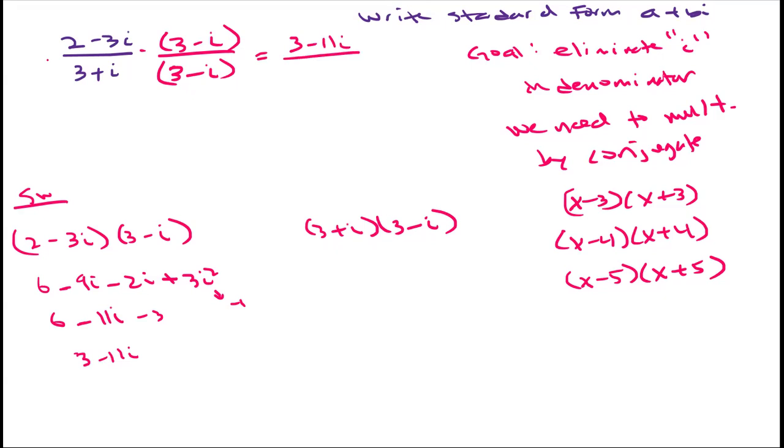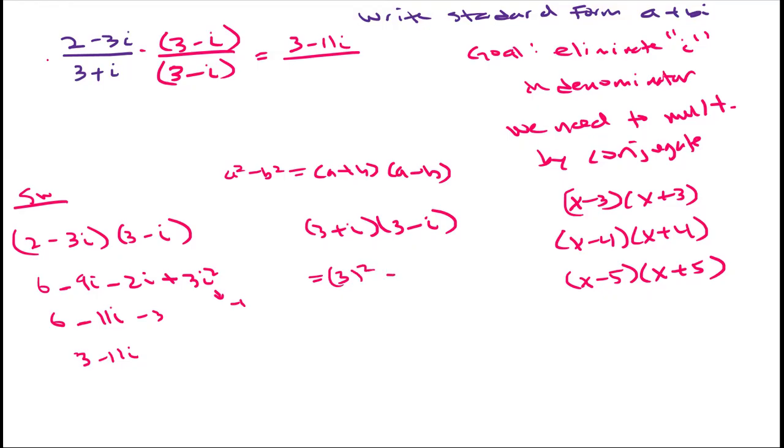Now we need to work on the bottom. So 3 plus i times 3 minus i. Remember, that's just the difference of squares. You can FOIL that out if you want to, but I'm just going to use the difference of squares. Remember, a squared minus b squared is a plus b times a minus b. So in this case, my a is 3, so that'll be 3 squared.